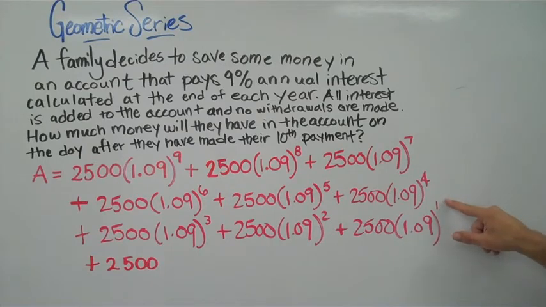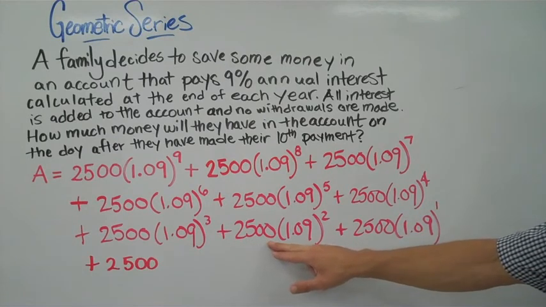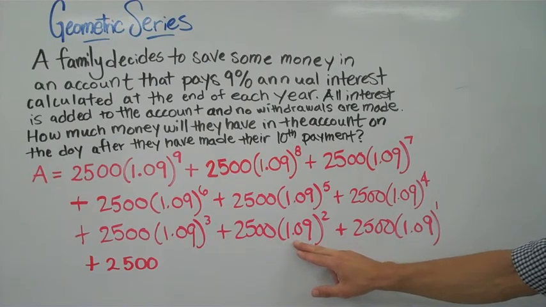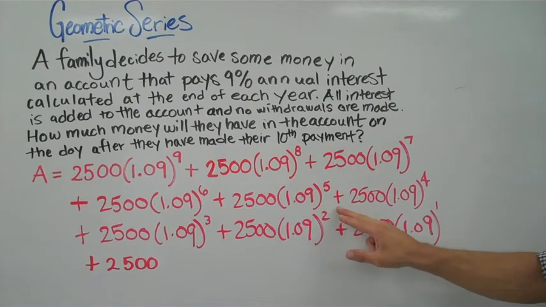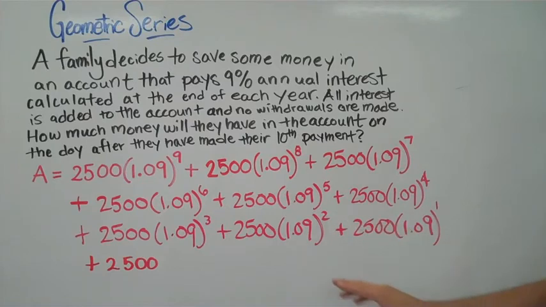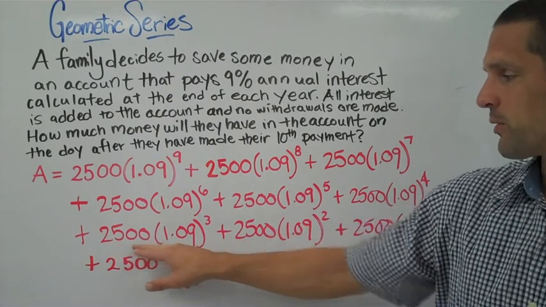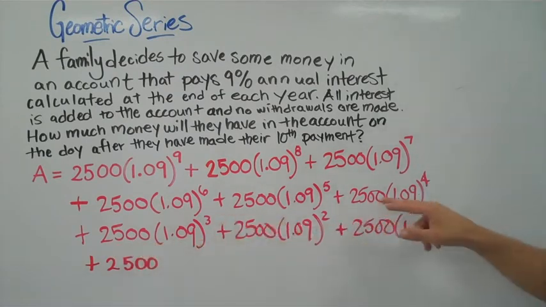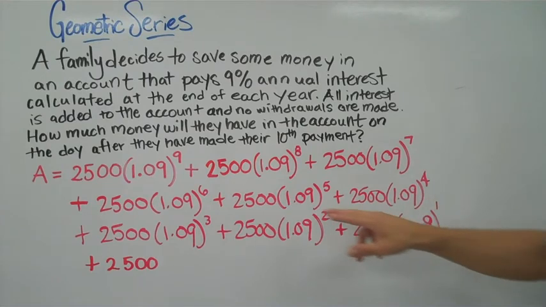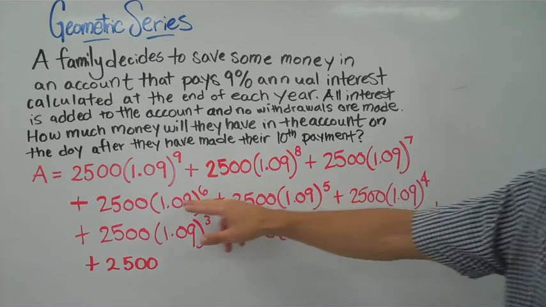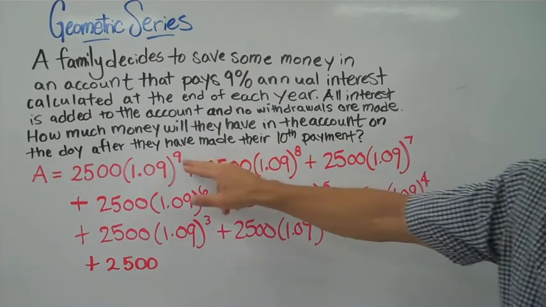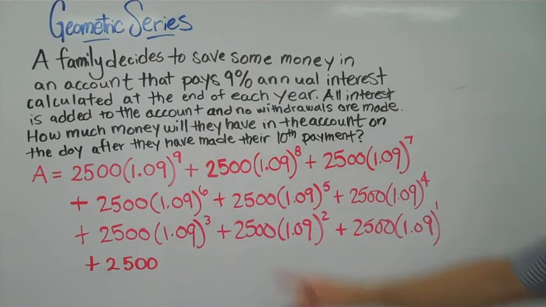You only get that for 1 year, so our exponent is 1. Plus the one they made 2 years ago, which is $2,500 times 1.09 squared, because it was 2 years ago. And so on, 2,500 times 1.09 to the third, to the fourth, to the fifth, to the sixth, to the seventh, to the eighth. This is the one they made 10 years ago, 9 jumps ago.